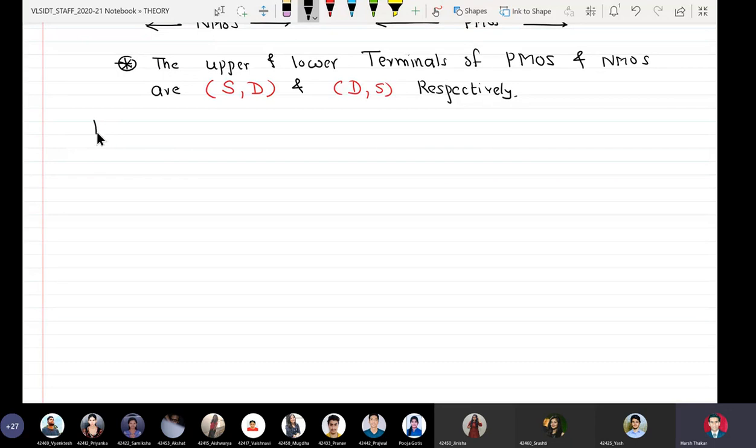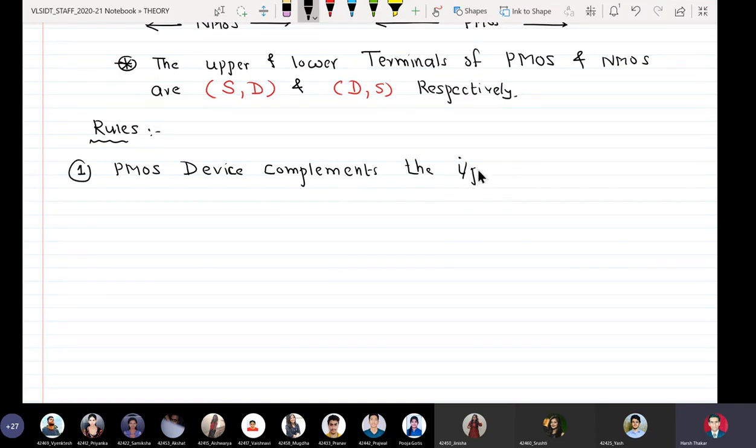Okay, first rule is that PMOS device complements the input variable. Okay, we are not going to talk about signals now because we are speaking about digital systems.